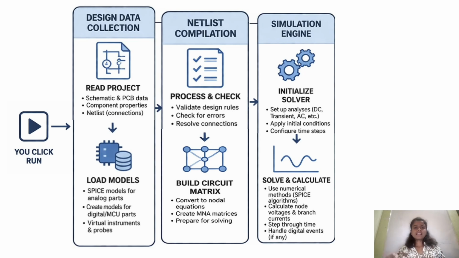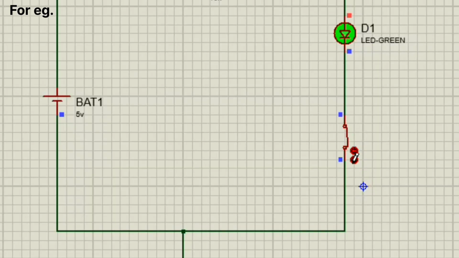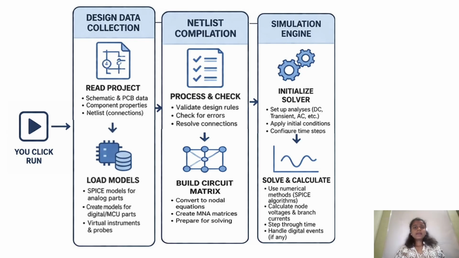The oscilloscope shows voltages rising and falling as real signals. Imagine a tiny scientist inside your computer watching every electron, checking voltages, flipping switches, and running your code at the same time. That's Proteus.